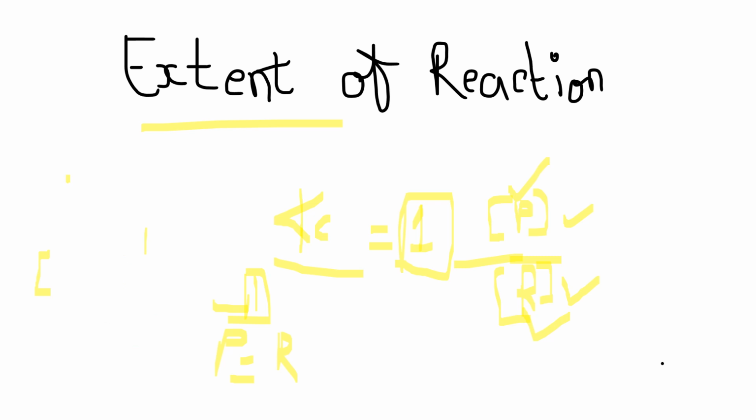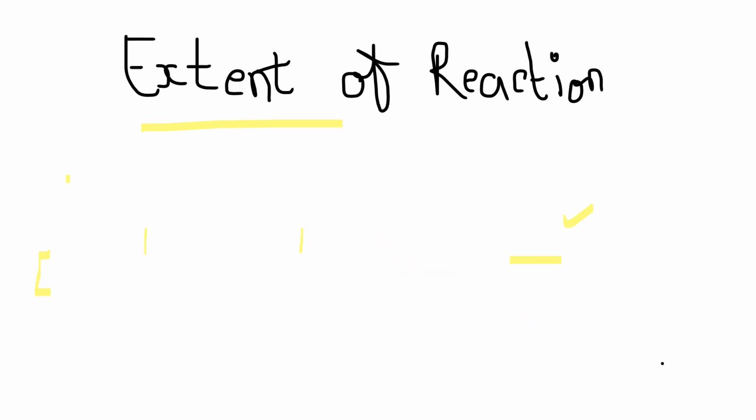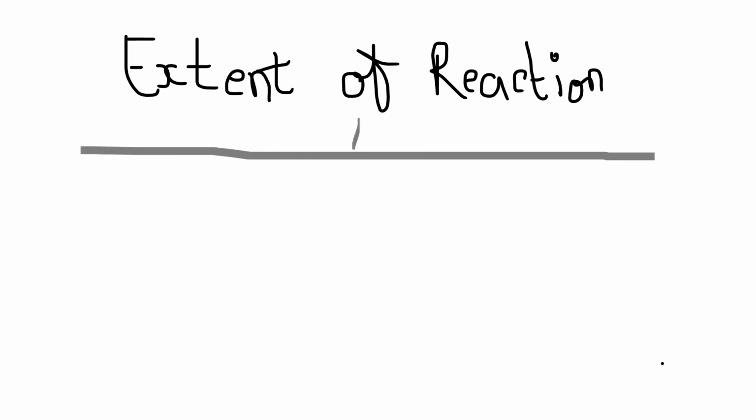Now let me give you an example of a reaction and let's see how we can identify these types of reactions. Now there are three conditions in the extent of a reaction. Let me create a white space so that I can explain. Okay, so for a reaction there are 3 possible conditions.